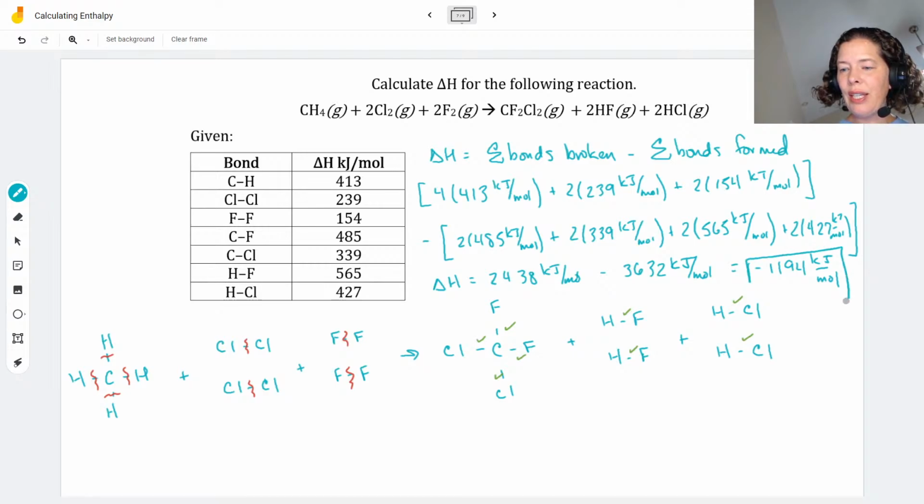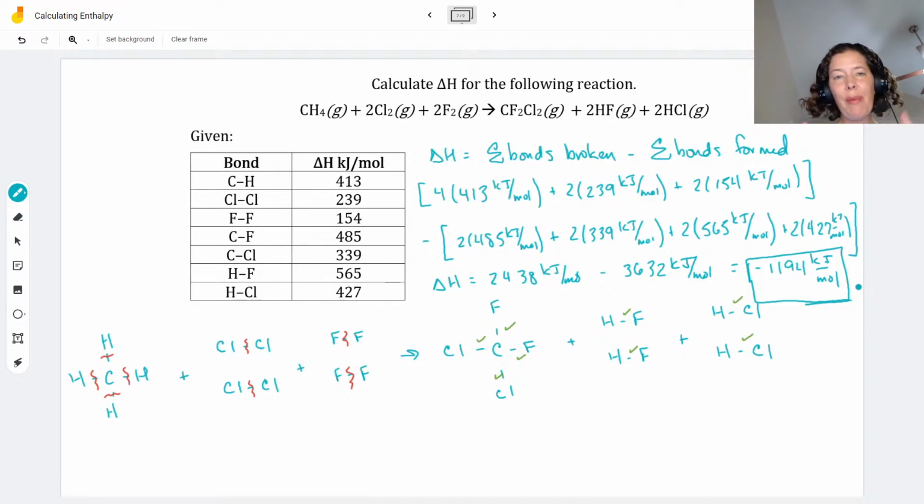I will put this in a box so that if I was writing this as a student and handing it in, my teacher would be able to find it pretty easily. Okay, so that is how we do delta H with bonds broken minus bonds formed.